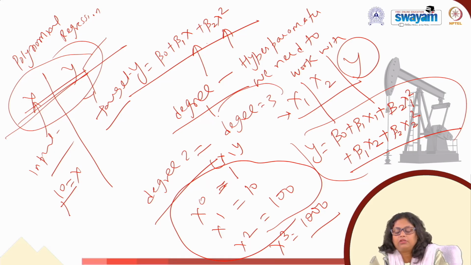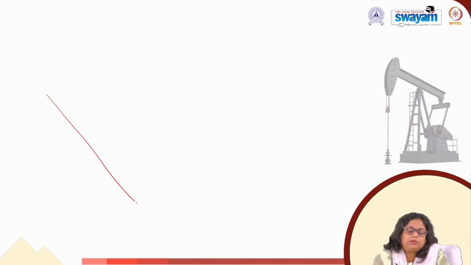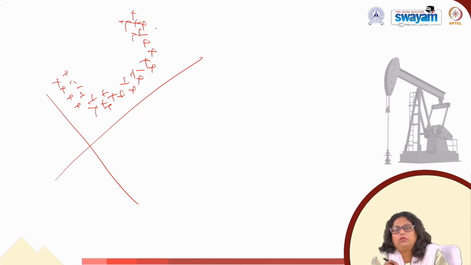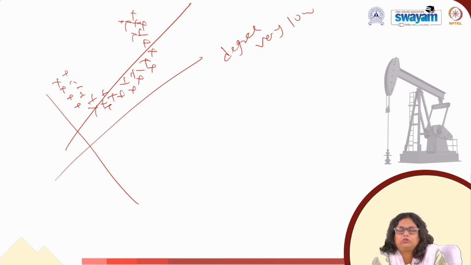So working with the degree, or fixing this degree, becomes very important. We should not keep it very small. Take this data: if we keep the degree very low, it is a case of underfitting.